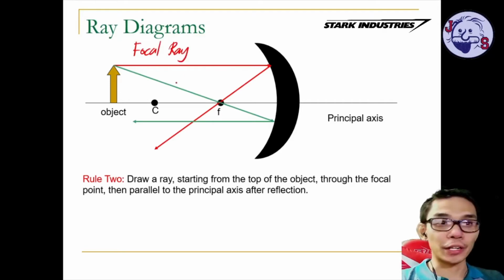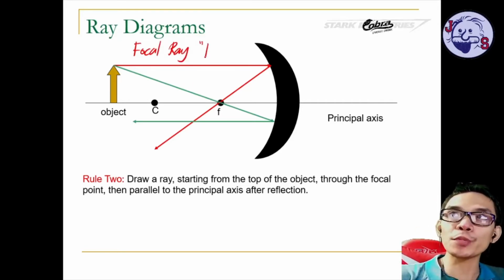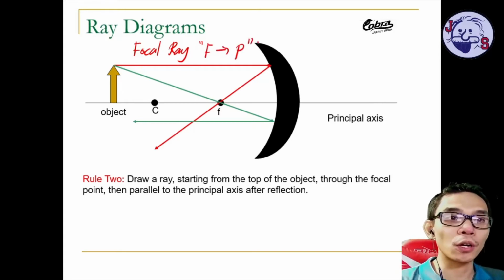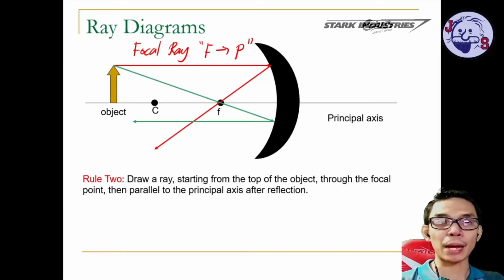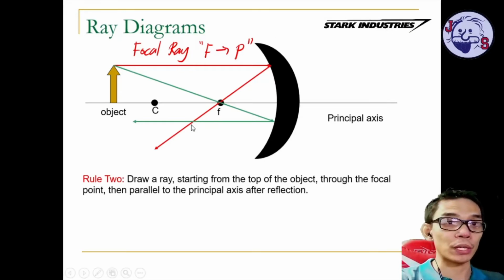We had earlier the principal ray, and this one is the focal ray. The pattern should always be going from the focal point to the principal axis. Always remember that pattern. There are already two intersecting rays that you have right here.